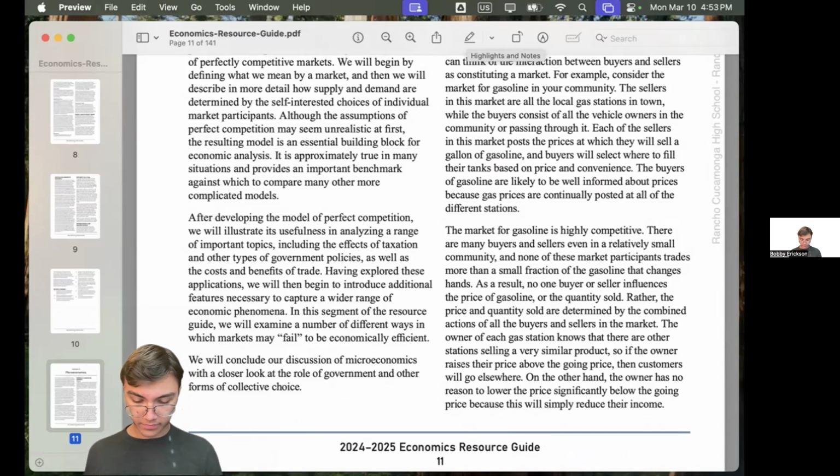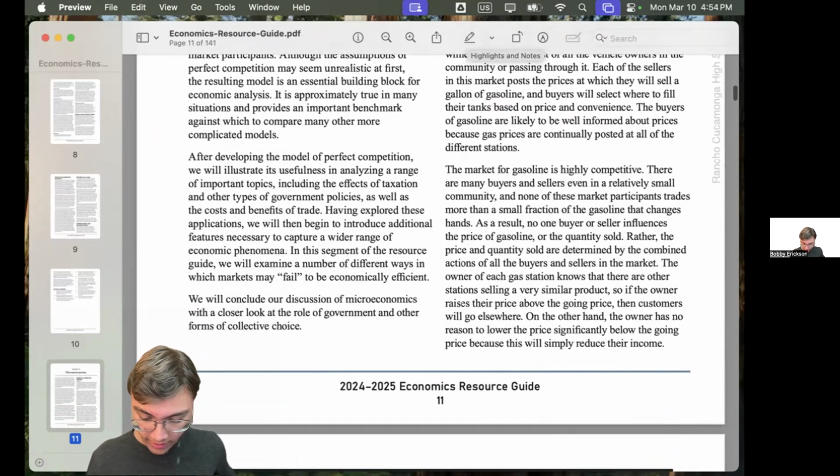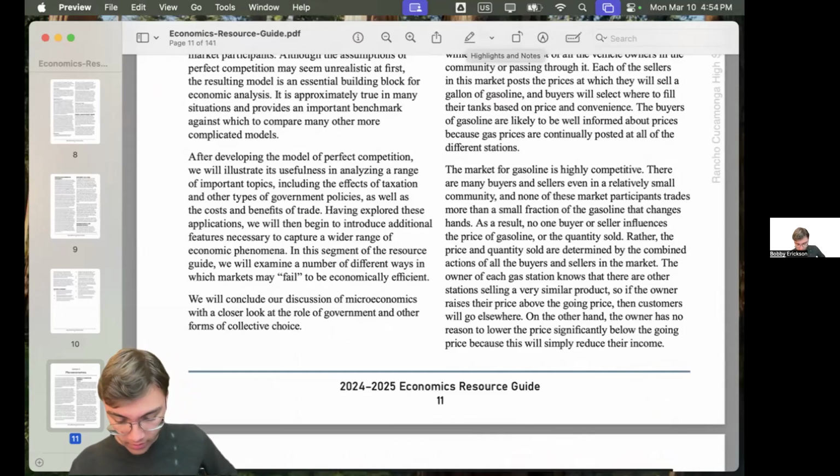If one person is making a decision for gas, it's not going to affect the whole market of gas. That's partially what makes it highly competitive: there are many buyers and sellers, so the decision of one buyer or one seller won't make the difference for all of them. Instead, it's all the buyers and all the sellers in that market which will really influence the price of gasoline or even the quantity sold.